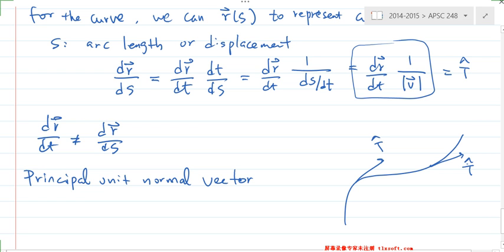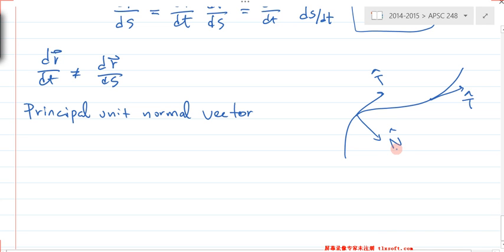But there is one special one, and we call that the principal unit normal vector. It indicates what direction the curve is turning. That's the special one here. So we're looking at this guy here, the n hat, the principal unit normal vector.